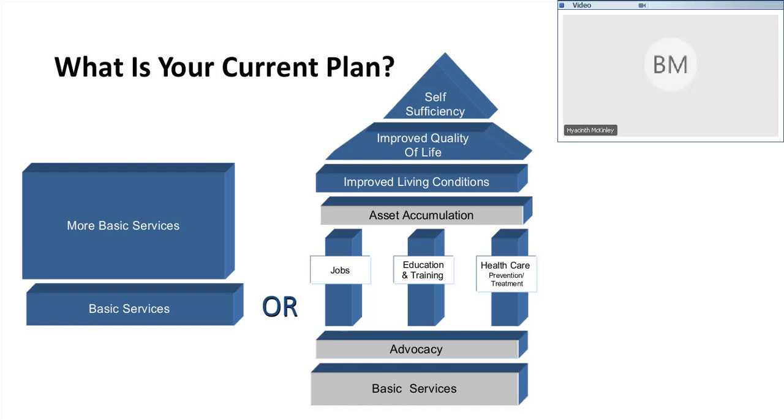As opposed to having a strategic process where we have basic services, we have advocacy, we have a series of pillars. Here were a few things: jobs, education, training, healthcare, those kinds of services that are skill building and resource building.